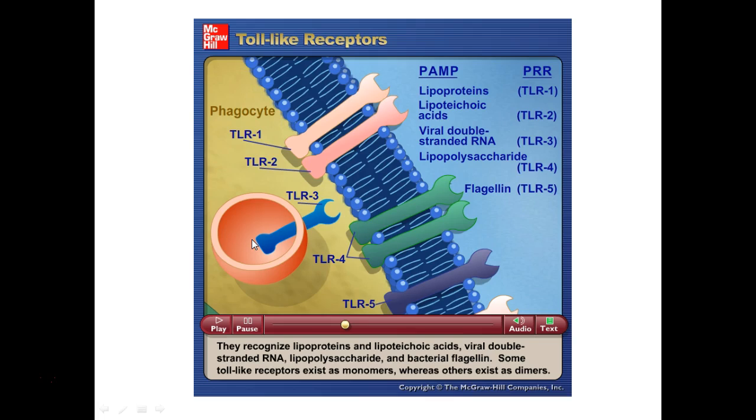All viruses are at least surrounded by a protein coat. They're not going to decode until they're inside of our cells. So that's when our receptors would be able to come in contact with that viral double-stranded RNA and detect and alert our cells that an invasion has happened by a virus, specifically an RNA virus in this case.